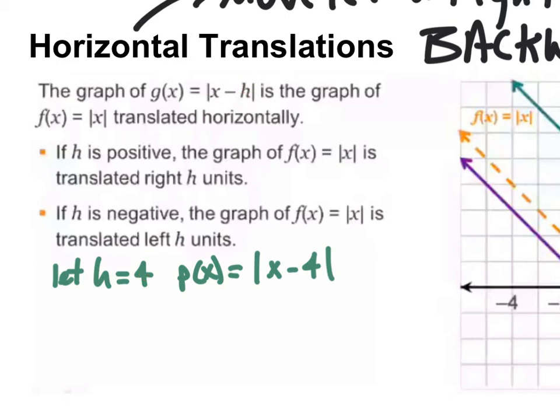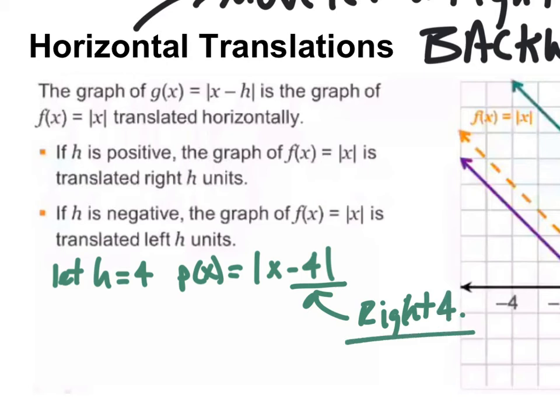But even though it says negative 4, that means that we move it to the right 4. This is what's backwards, and that's the issue that we're dealing with.